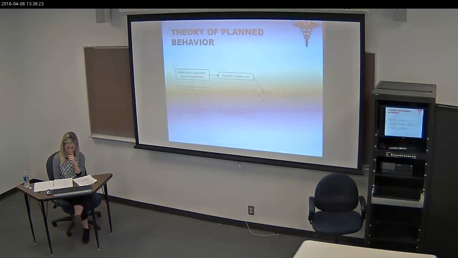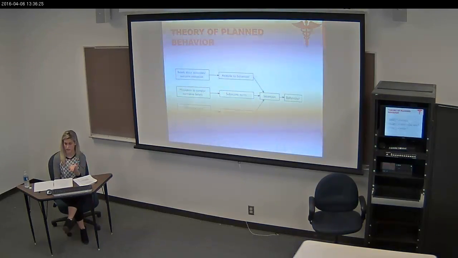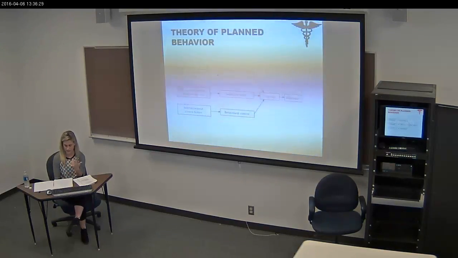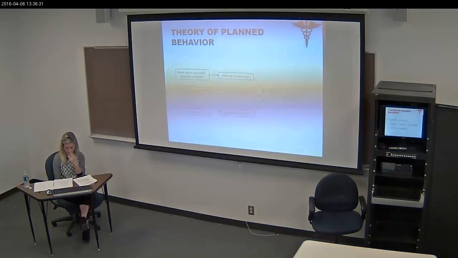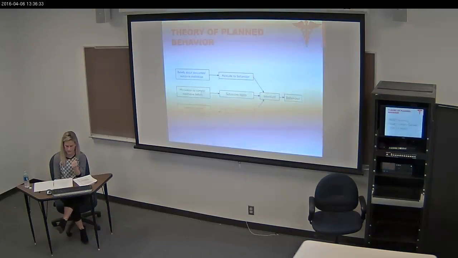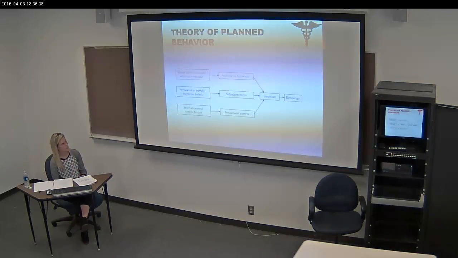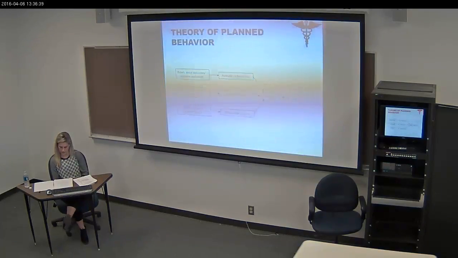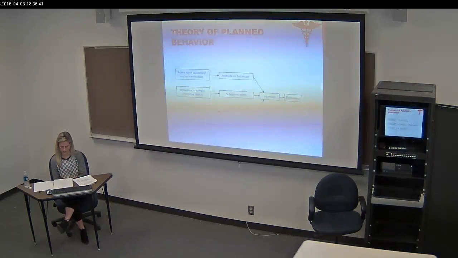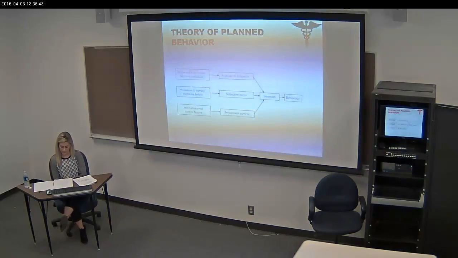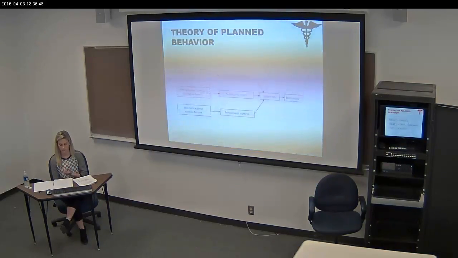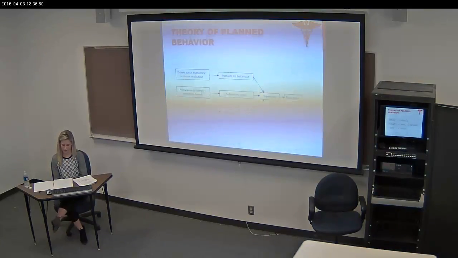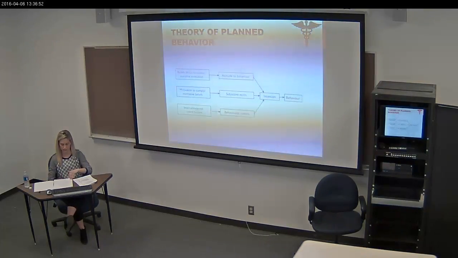The theory of planned behavior can predict a broad array of health behaviors, including exercise, vitamin taking, sunscreen use, and contraceptive use. As far as evidence goes, Conner did a study in 2000, and he reviewed 185 individual studies that had been carried out and found that the theory accounted for 40% of a change in intentions and 27% of actual changes in behavior.